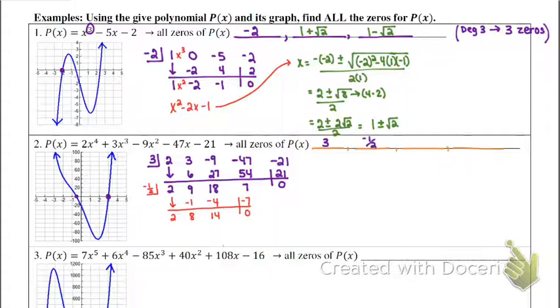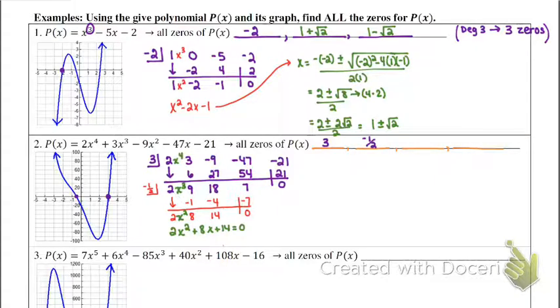It does get me a remainder of 0, so that one was good. So now I see what I have left. So it started off as an x to the 4th. This is an x to the 3rd. Therefore, this is an x squared. So I have the polynomial 2x squared plus 8x plus 14.